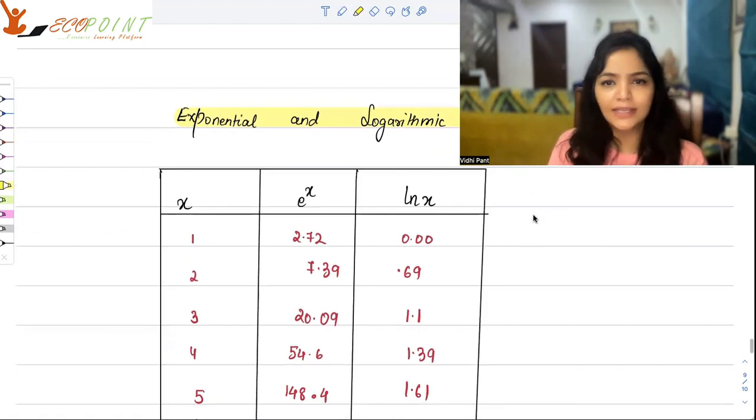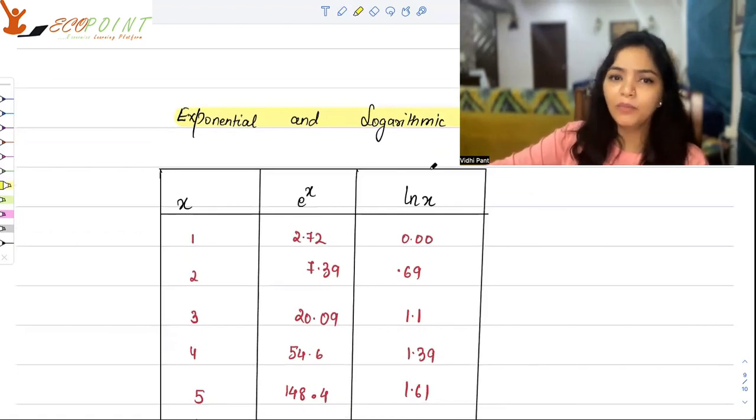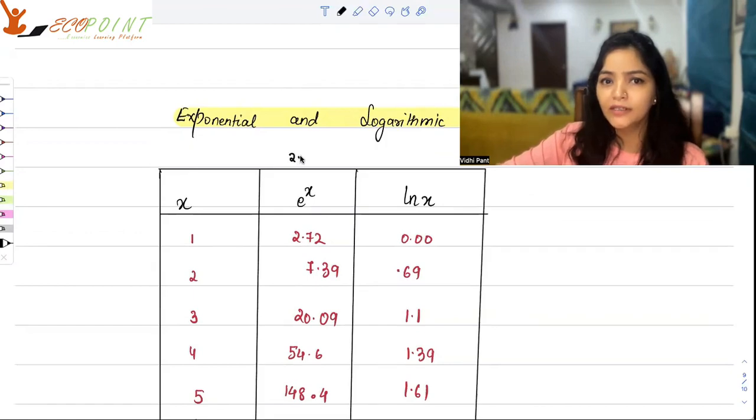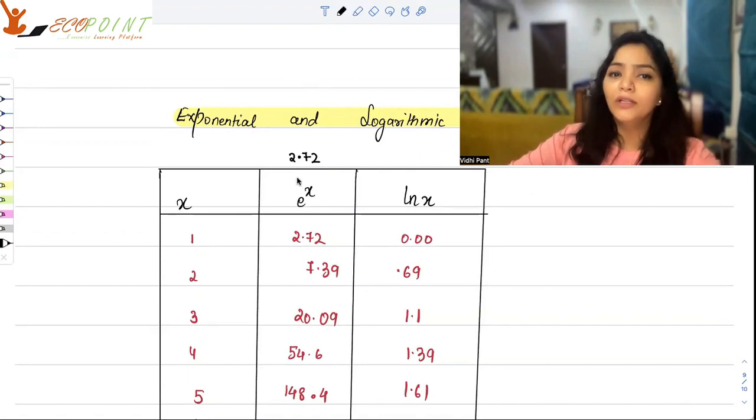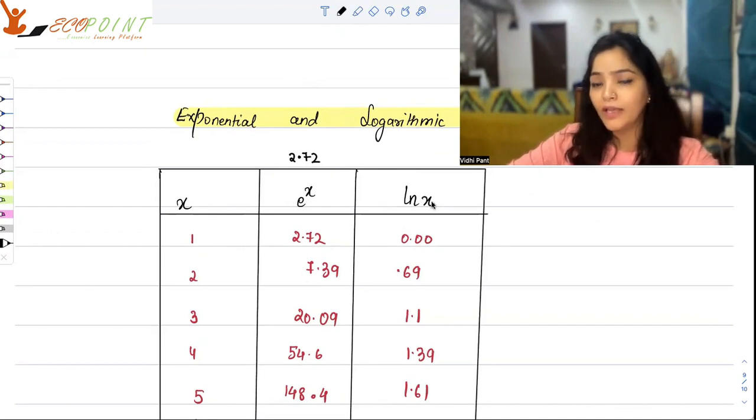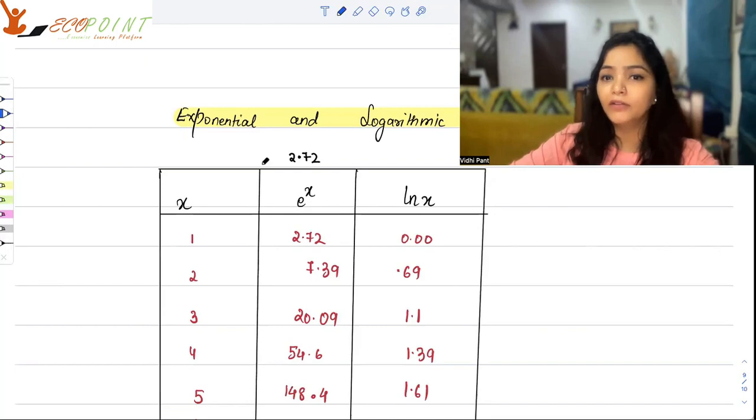So suppose x is 1. e has a value of approximately 2.72, right? So if you take the power as 1, you will get 2.72. And log of 1, for natural log, I will get 0, right? So there's no growth.